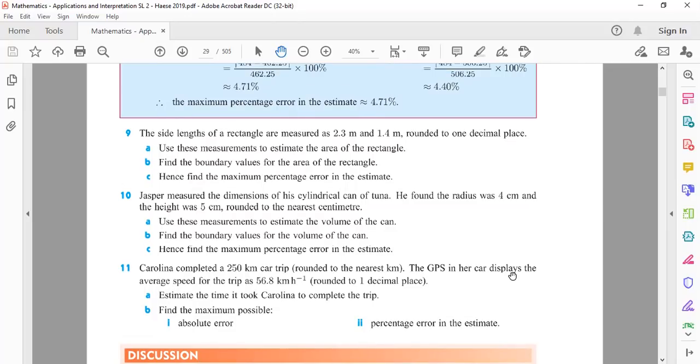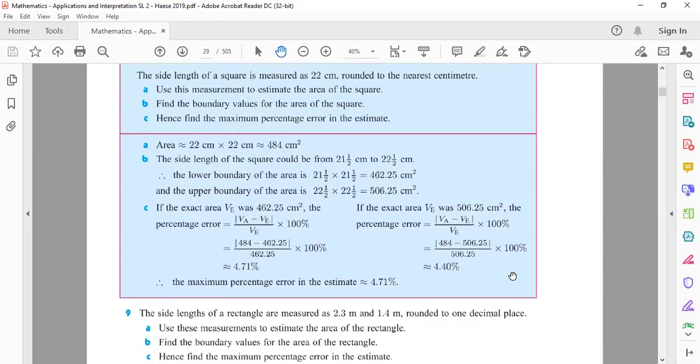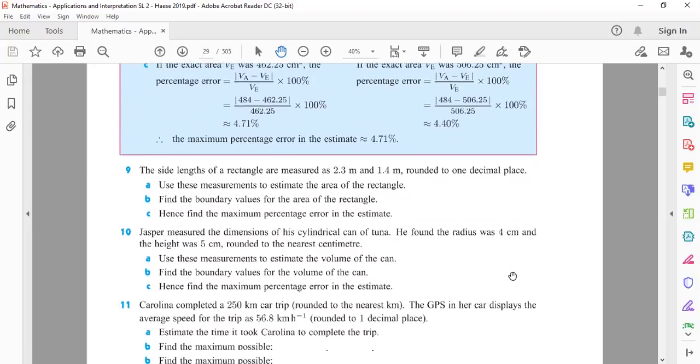Okay, 10th one. Otherwise, try the ninth one. I'll show you the example as well. That's okay, I can try.